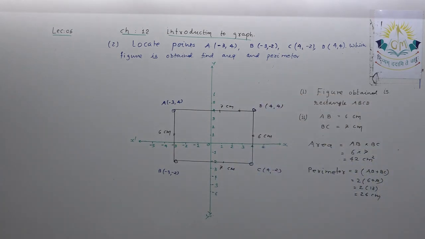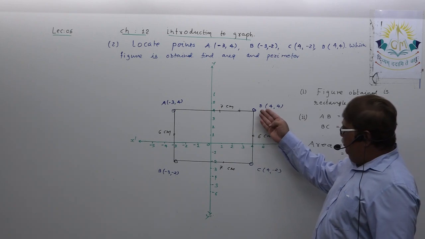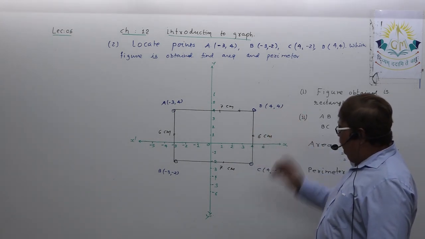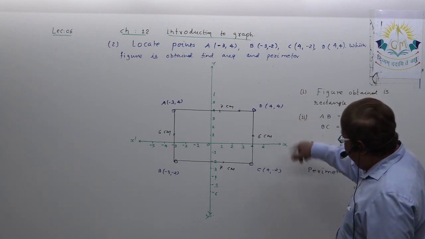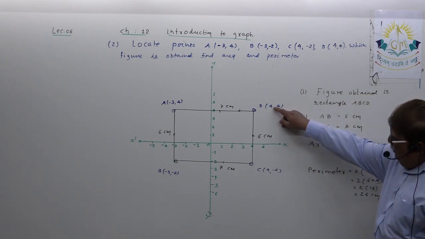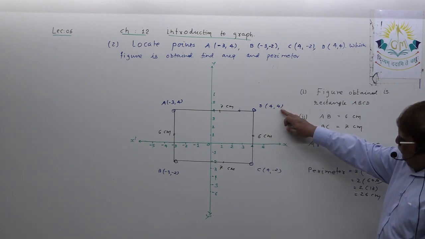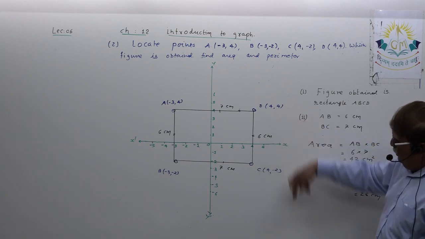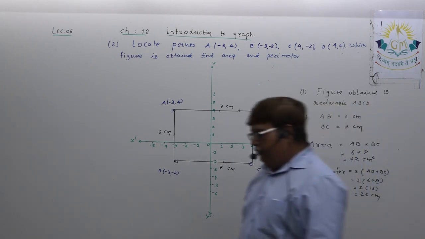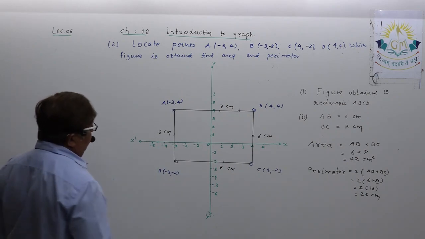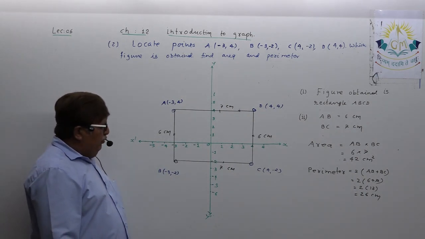Verify the data properly. Here you can find distance, means this side by ruler also, and by directly subtracting the changing coordinate. The coordinate which remains constant, understand, need not be verified, but the changing coordinate needs to be subtracted. So that way also you can get length of any side of the given figure.